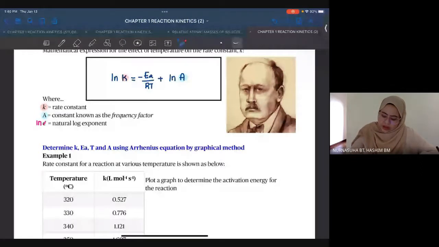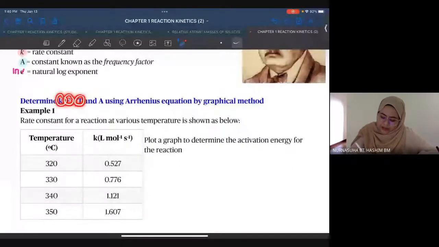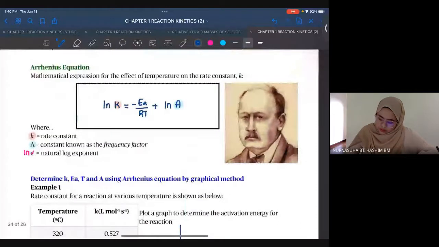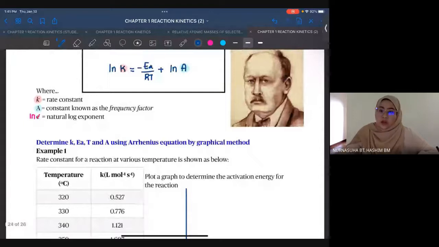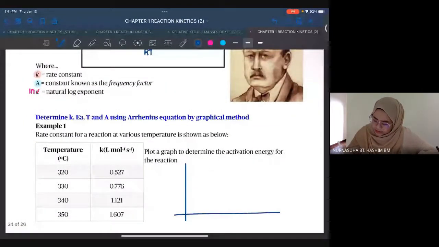So, salah satu cara untuk kita dapatkan keempat-empat ini adalah by using graphical method. Again, I want you guys to plot on your own. Tapi sebenarnya madam dah... nanti you buat atas kertas graf.